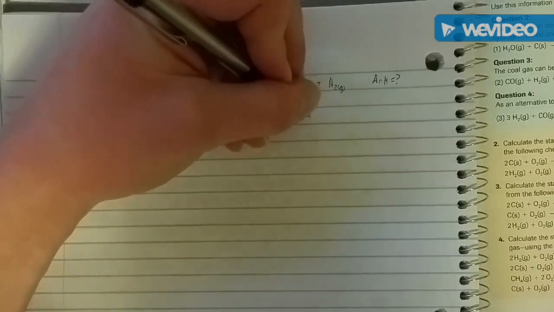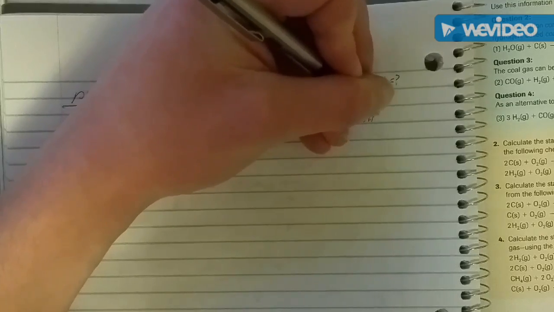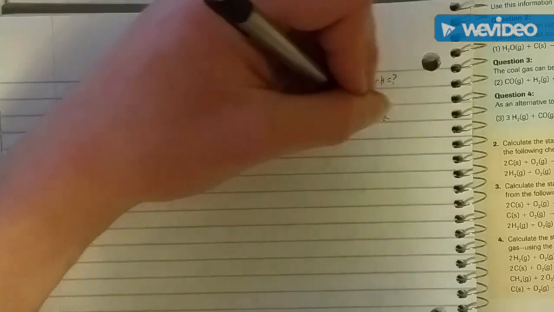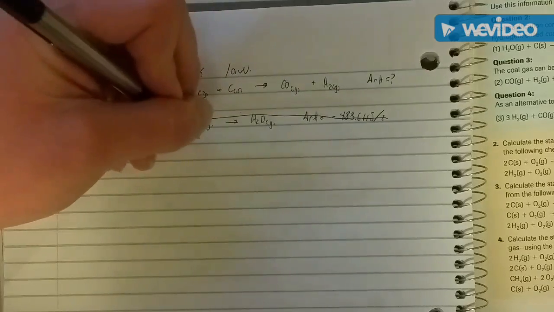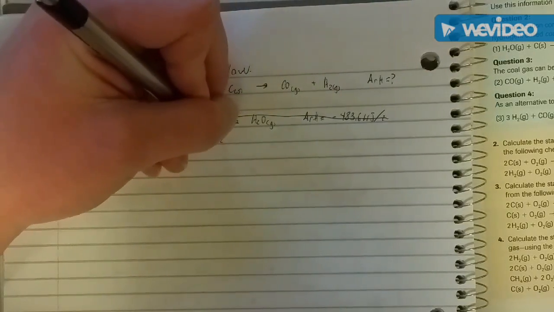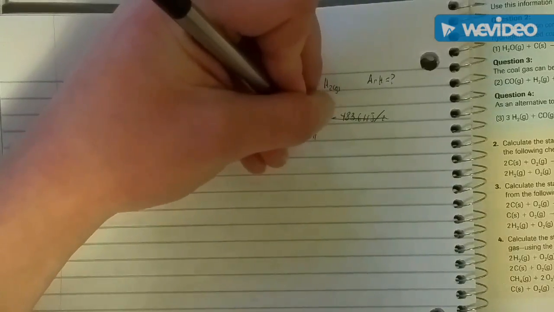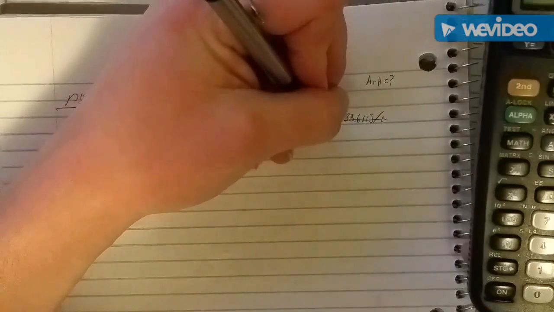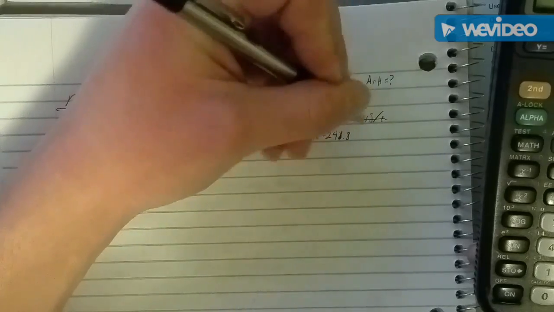Now to reverse it, that would be negative 483.6 kilojoules divided by 2. To reverse it, now all we're doing is going H2O gas forms H2 gas plus 1/2 O2. Delta RH is equal to negative 483.6 divided by 2, equaling 241.8 kilojoules.